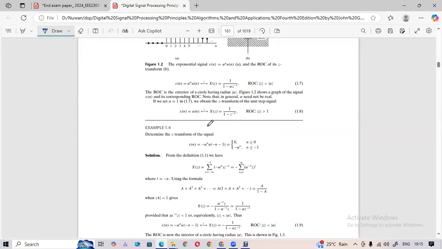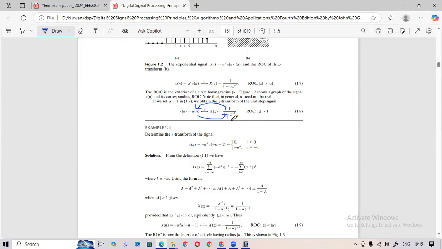So for example, this is the Z transform of u[n]. And if you get the inverse Z transform, you will get the inverse one. So maybe you need to evaluate the inverse Z transform. But for evaluating the inverse Z transform, you need to do that contour integral, but that is not easy.